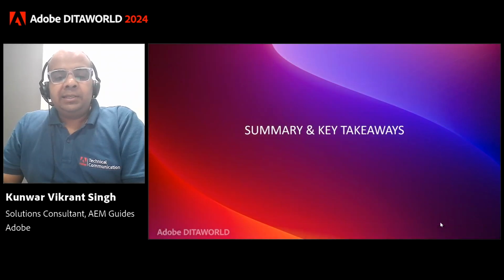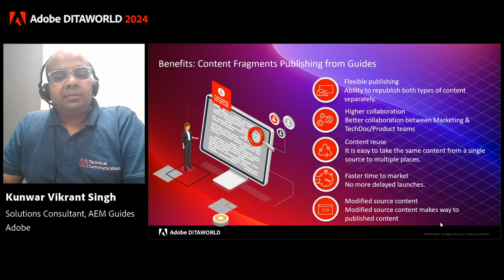With this, let us quickly summarize and talk about the key takeaways of this session. We have seen that when it comes to content fragment publishing from Guides, this is an ultimate reuse strategy. It provides you with flexible publishing where you would be able to republish both types of content separately.